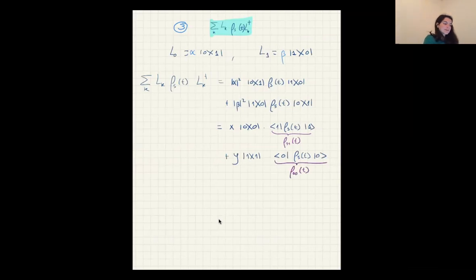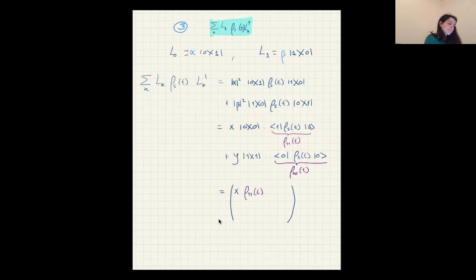So what is this? Let's put it all in matrix form. First we have this term, which is 0, 0, so it's going to come here, and it has this coefficient. So it's going to be x times rho 1,1 of t, except this depends on time, so I should make it purple.